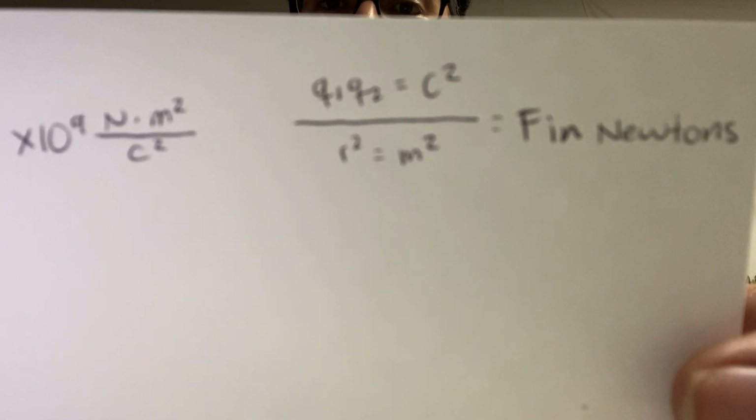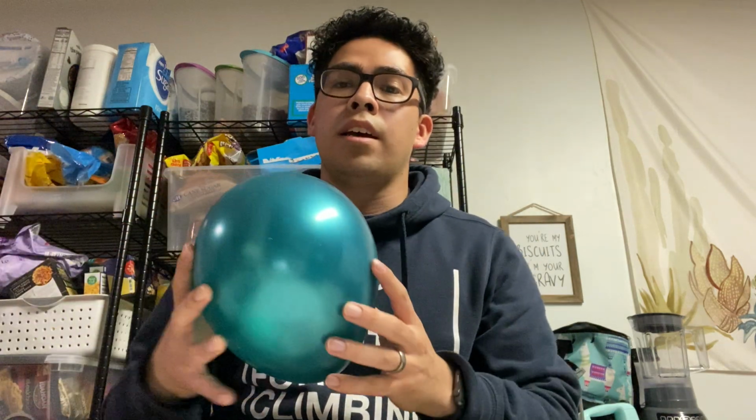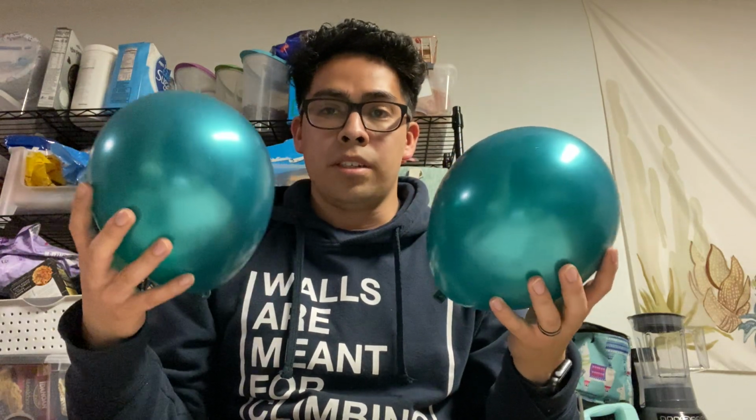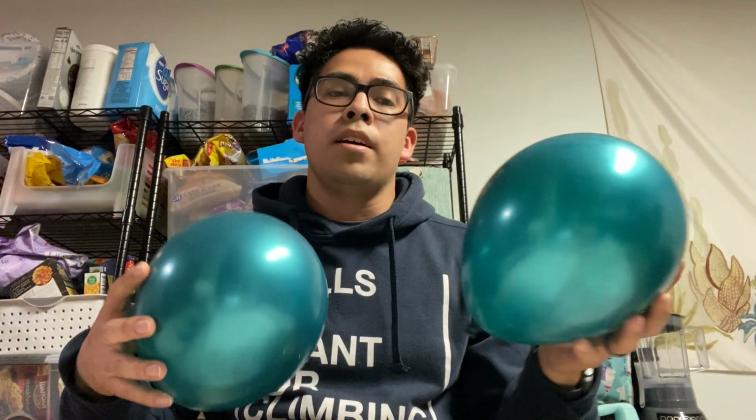And so as I have here, I have a balloon, well, two balloons. And these balloons right now don't have a charge. But if I were to, say, rub them against my hair or rub them against my clothes, the electrons from my clothes or my hair will rub onto the balloon, giving it a negative charge.